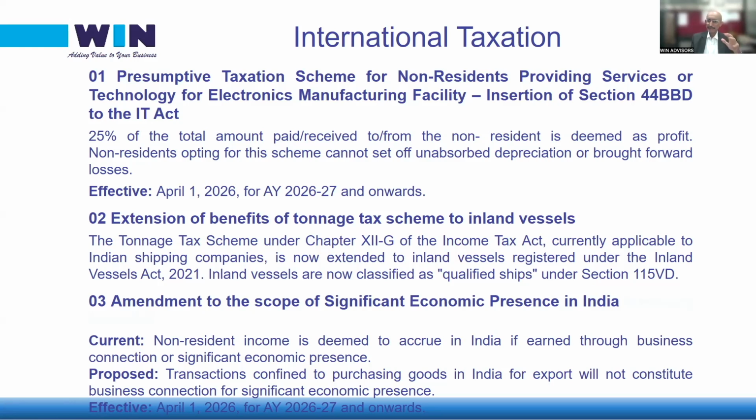Whatever amount is received, only 25% will be treated as profit, and on that you pay the tax. This is also very welcome, where the non-residents are not subject to proving that out of 100 rupees received, this is my actual income, this is my expense, this is the allocation towards profit. Nothing to be done. It's presumptive. So 25% straight will be treated as profit and you pay tax on that.